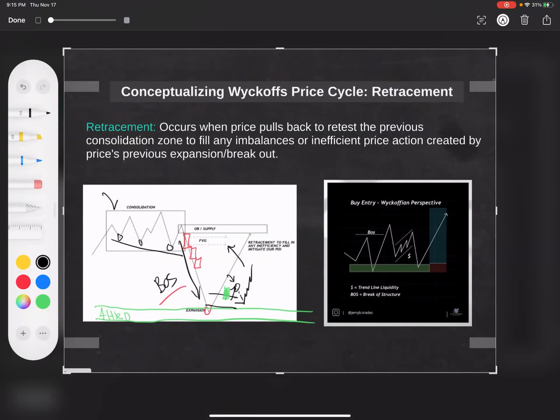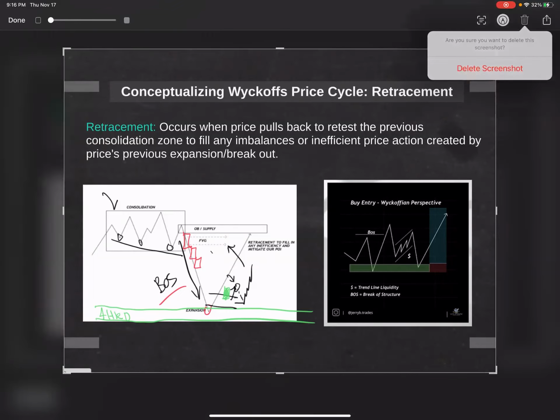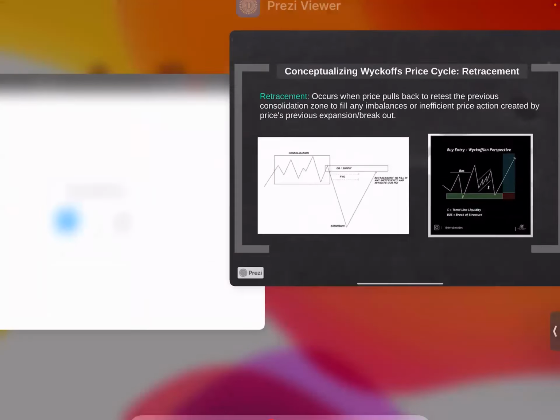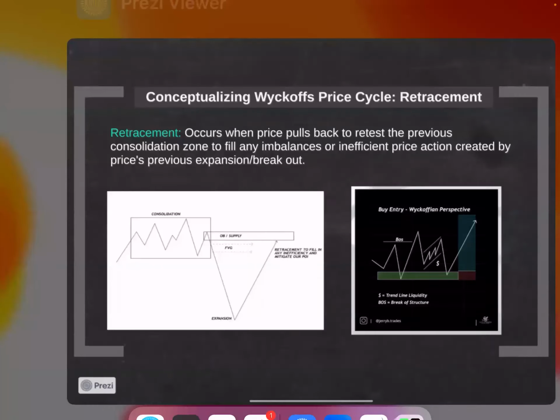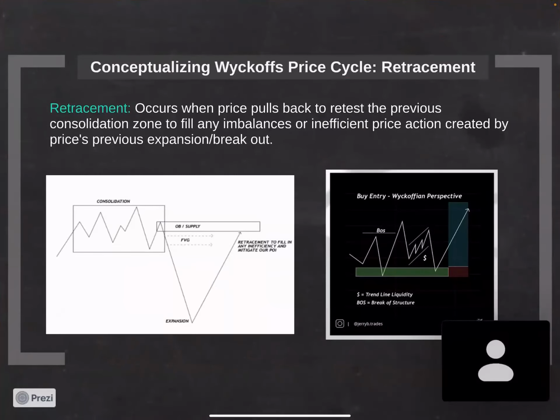There's a reason for everything. The reason that price would come back up into the supply is to fill in this imbalance.